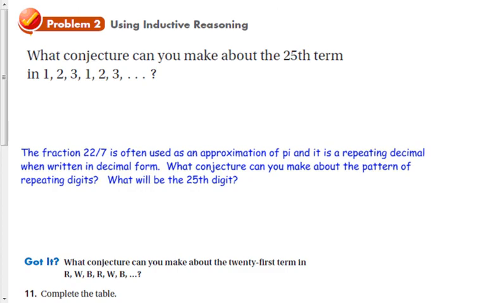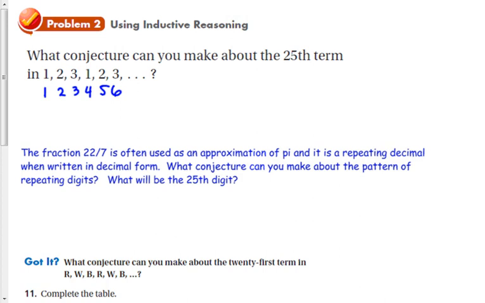All right, using inductive reasoning here, what conjecture can we make about the 25th term in this? So the pattern is 1, 2, 3, 1, 2, 3, 1, 2, 3. And what we're going to do here is just label this with a term number underneath. This is the first term, second term, third term, fourth term, fifth term, sixth term.